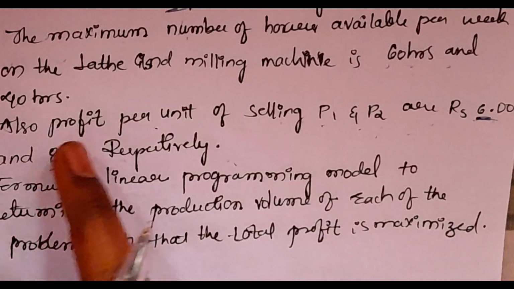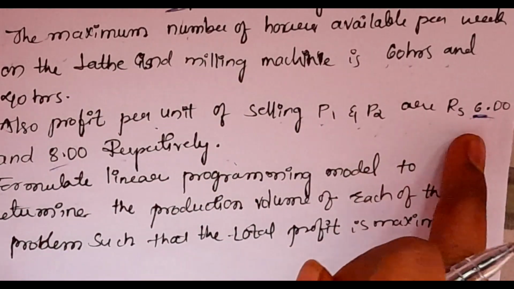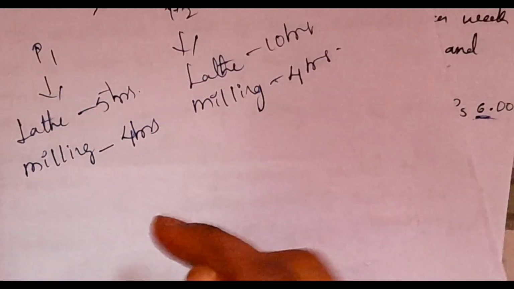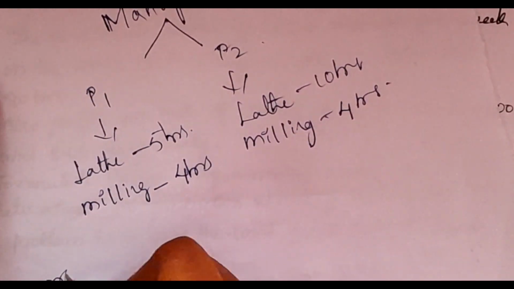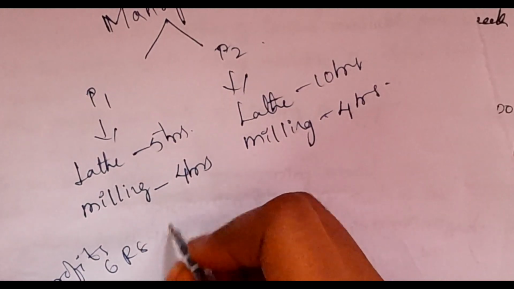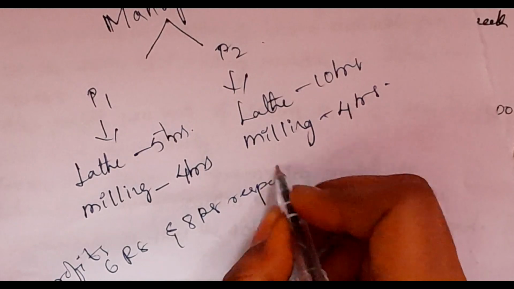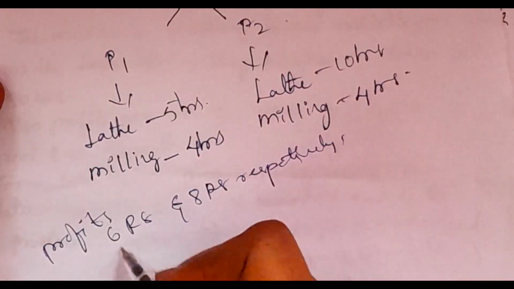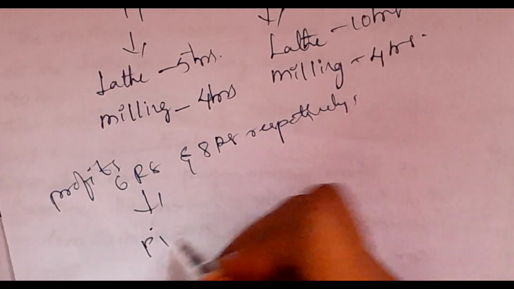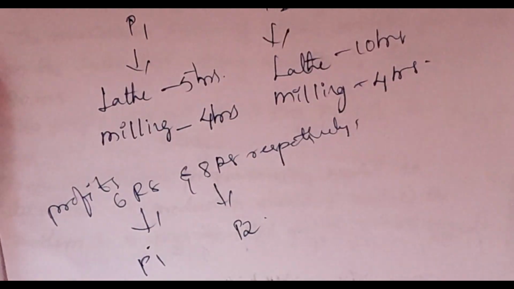So here the profits on the products P1 and P2 are ₹6 and ₹8 respectively. If ₹6 is the profit of P1, then ₹8 is the profit of P2, right?